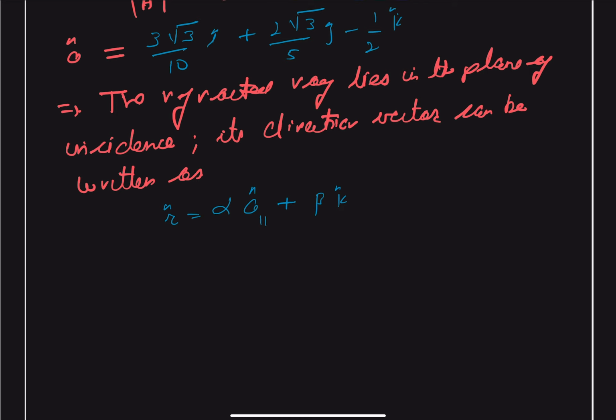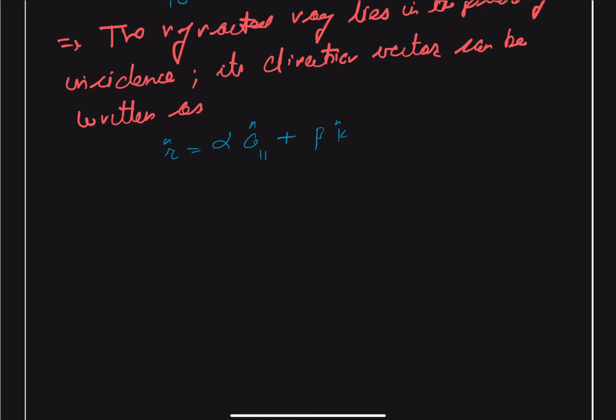And this parallel unit vector is the projection of the A unit vector onto the xy plane.